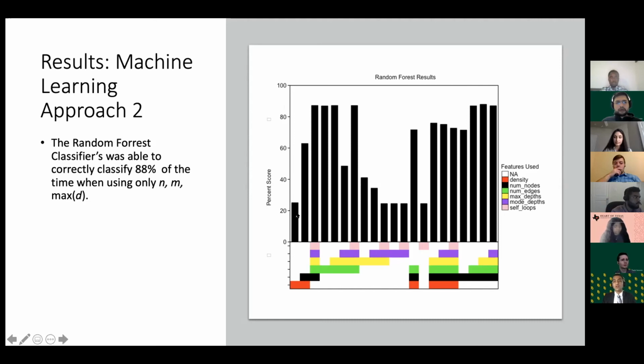What we can notice is that when we use n, m, and maximum d, pretty much whatever additional feature we use, our results are pretty high and consistent. But our best result was using only those 3 factors, which was good because it's a lot easier to test graphs based on those 3 factors than it is to find the density of a graph before we display it.